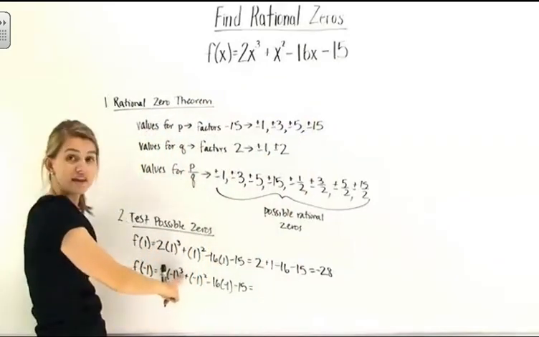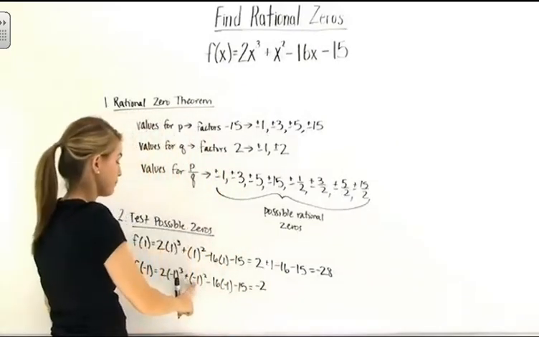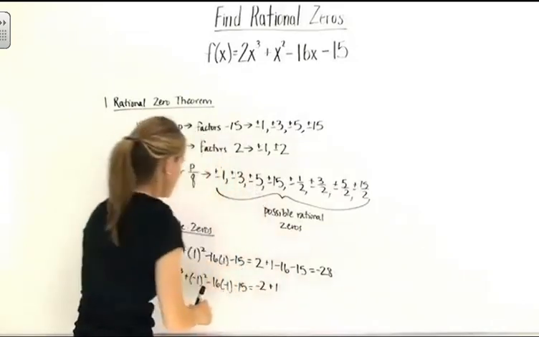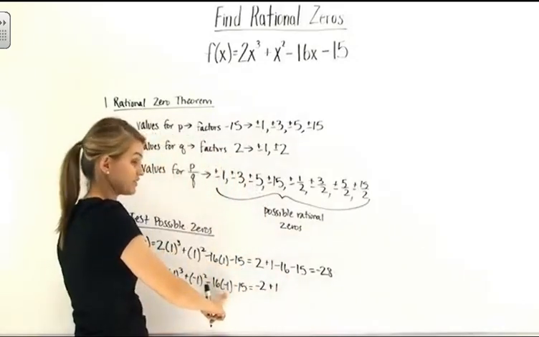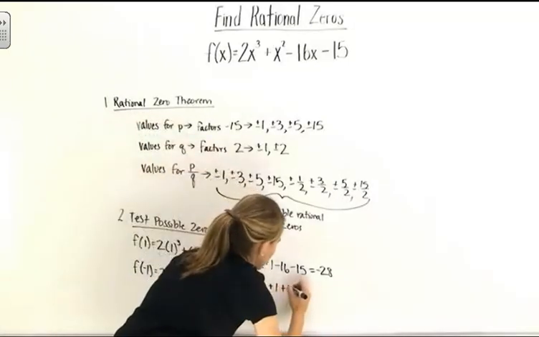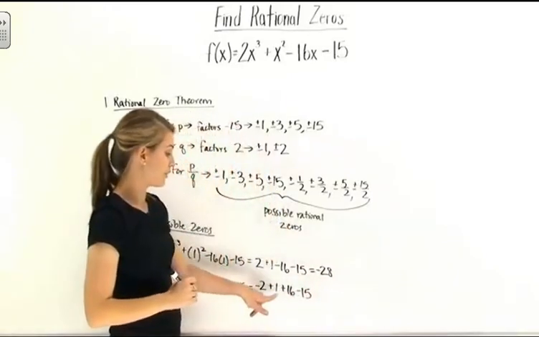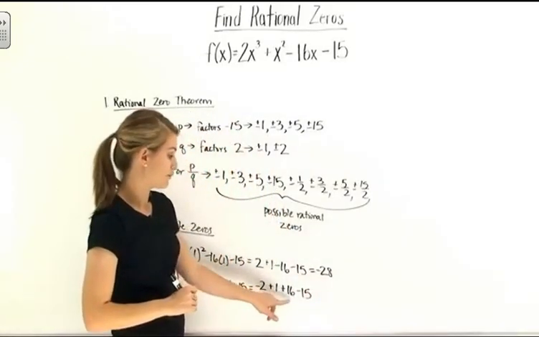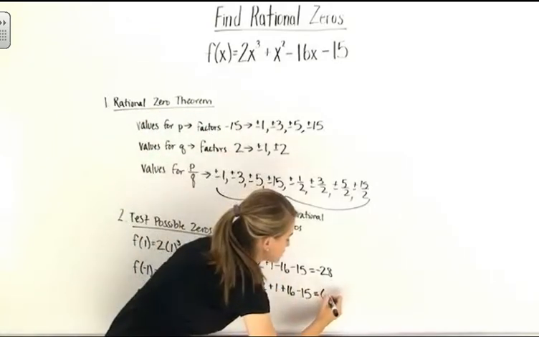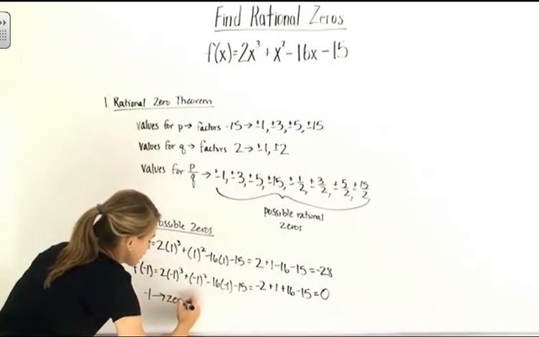Negative 1 cubed is negative 1, times 2 is negative 2, plus negative 1 squared, which is positive 1, so plus 1. 16 times negative 1 is negative 16, minus a negative 16 gives plus 16, minus 15. Negative 2 plus 1 is negative 1. Plus 16 is 15. Minus 15 is equal to 0. So that means that negative 1 is a zero of our function.